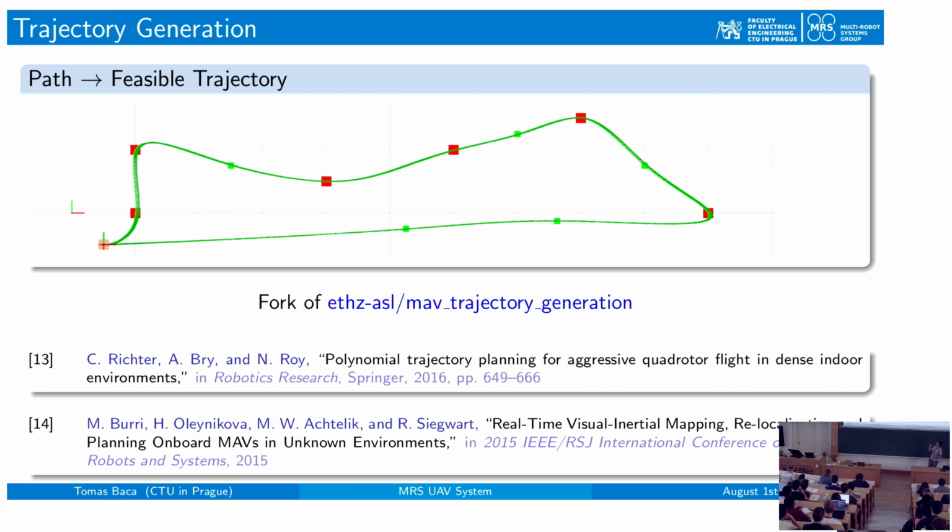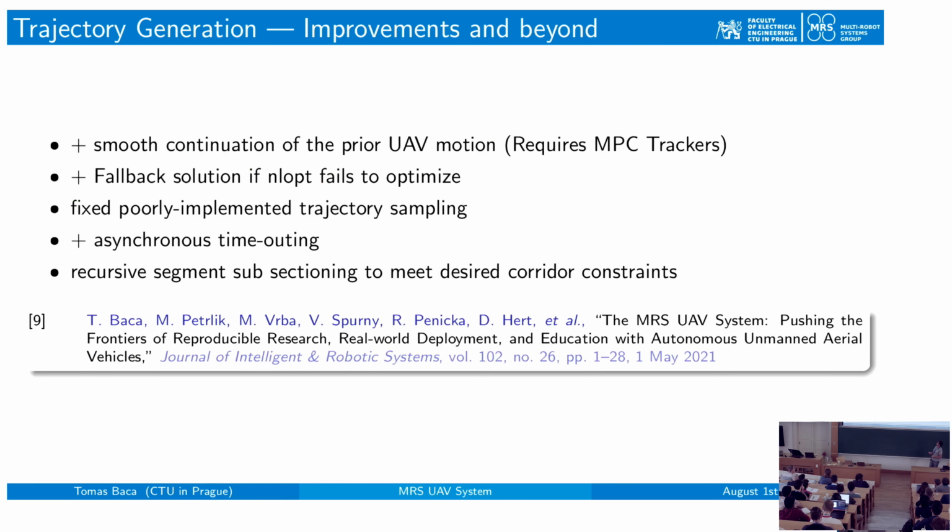This is not completely our creation. We forked ETH's MAV trajectory generation. Those two publications are the core of it, and we improved upon the existing parts of the system, and we actually made it sort of usable in the real world. What's important in this system is that our new fork is capable of checking its own results against some secondary, let's say, fallback solution.